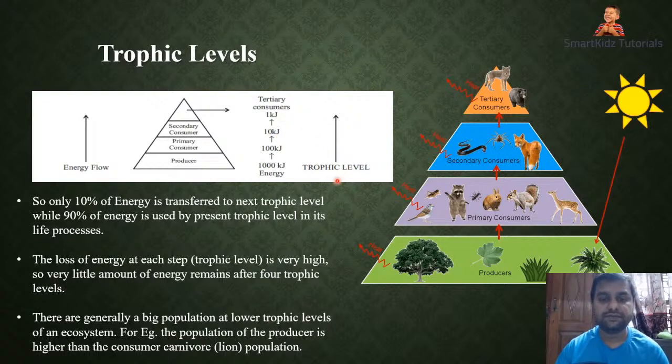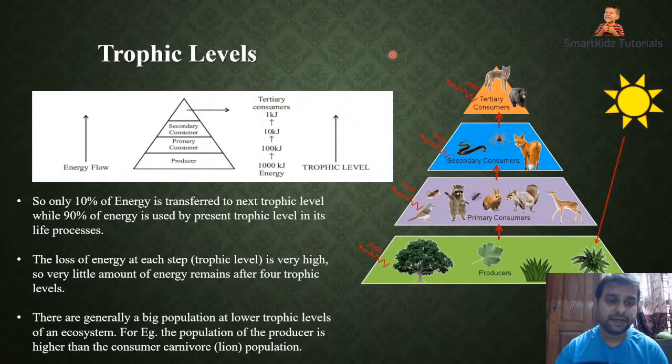So as you move from a lower trophic level to a higher trophic level, the flow of energy actually decreases. Okay, and at each step it is found to be decreasing by roughly 10%. So 90% of energy is basically used up by the time it reaches right on top.